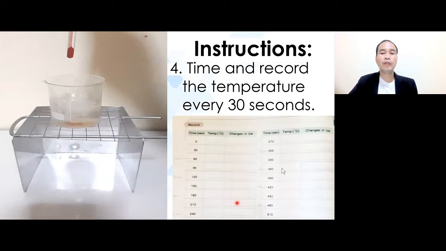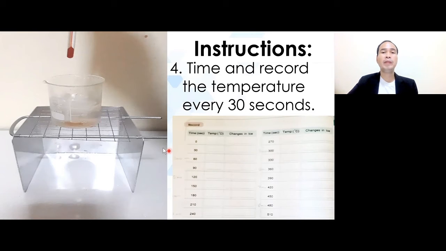For this video, I will be using minutes, not seconds. Please take note: 60 seconds is 1 minute, 120 seconds is 2 minutes, 180 is 3 minutes, 240 is 4 minutes, 300 seconds is 5 minutes, 360 seconds is 6 minutes, 420 seconds is 7 minutes, and 480 seconds is 8 minutes.